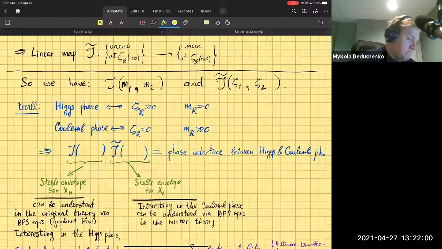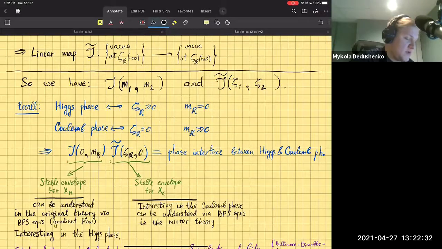And then we can just take the following thing. I can take the mass Janus between the 0 mass and some mass R, and a phi Janus between some value of the phi parameter theta R and 0.